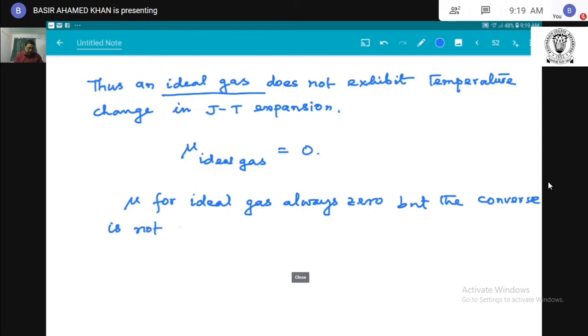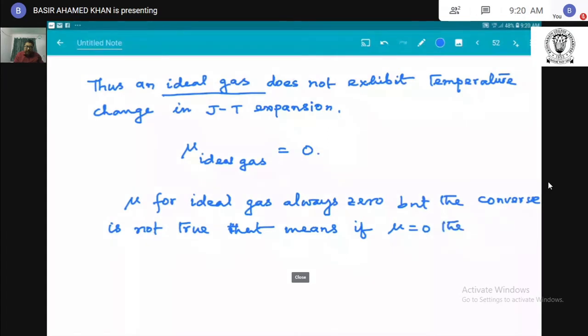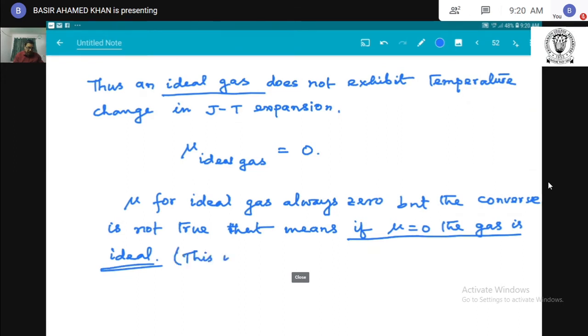That means if mu equals 0, the gas is ideal gas: this is not true.